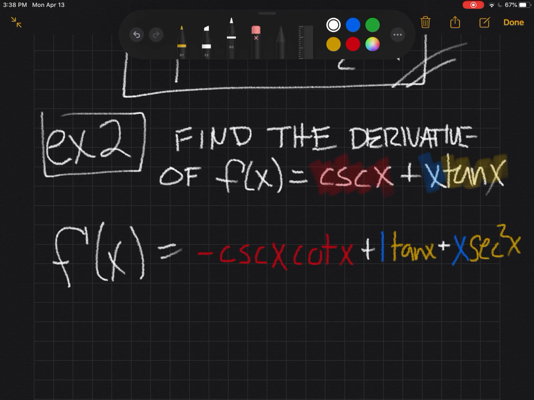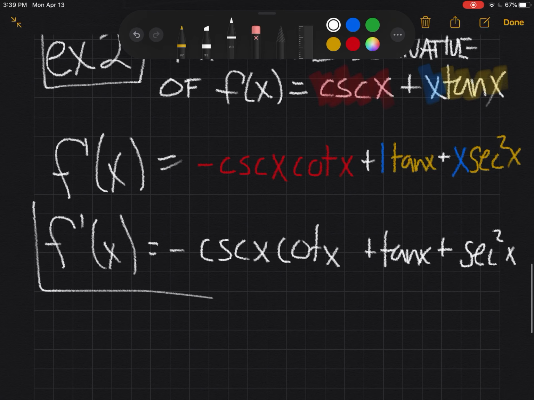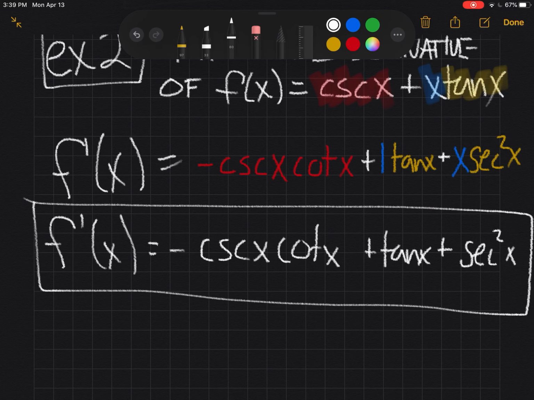Then I add to that the blue function, x, times the derivative of the yellow function, tangent of x, which is defined to be secant squared x. So this is our derivative. I'm going to try to clean it up a little bit. We get f prime of x equals negative cosecant x, cotangent x, plus tangent x, plus secant squared x. And that's our derivative.